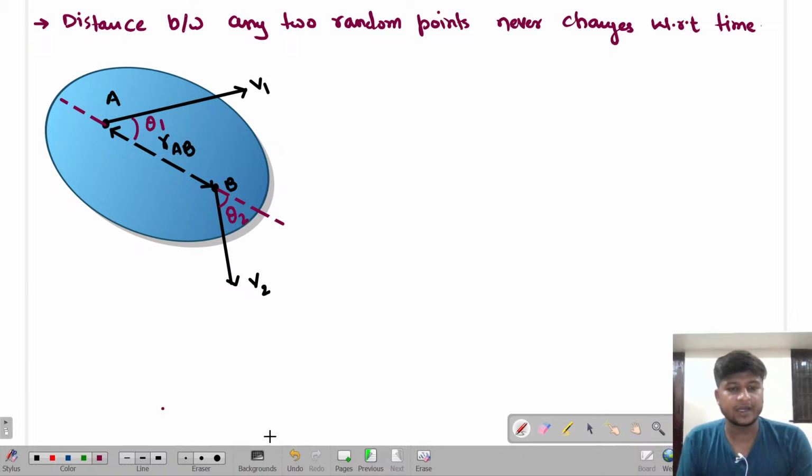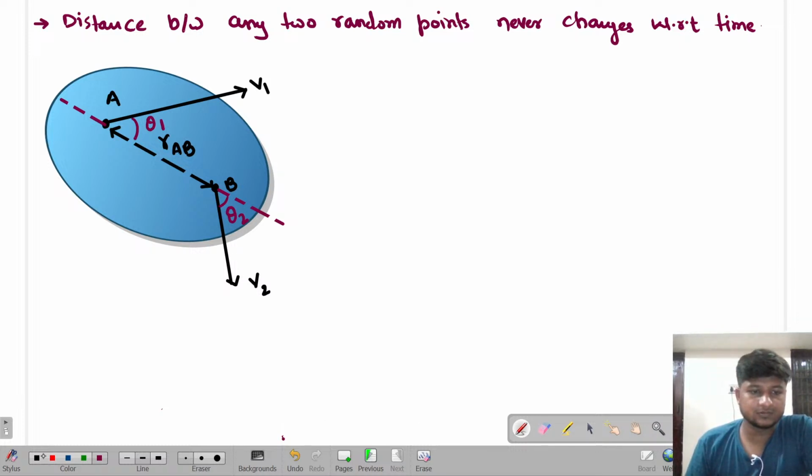So then how do we define the idea of a rigid body? The question arises: how are you going to say whether the body is uniform or not? To say that, the first idea is that we will resolve the velocities. We know there will be two components, one along this side and one perpendicular to it.